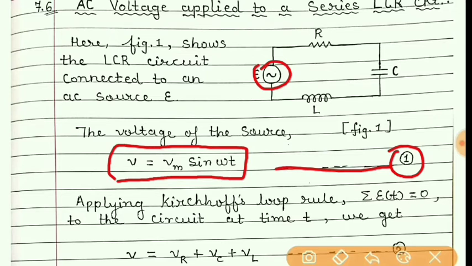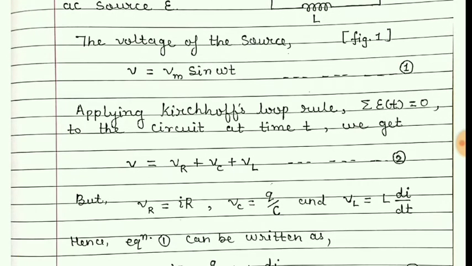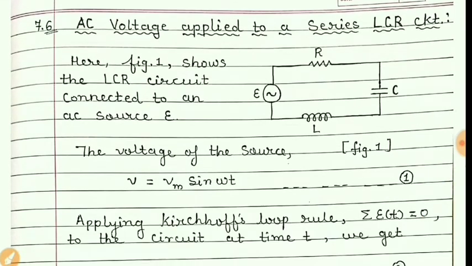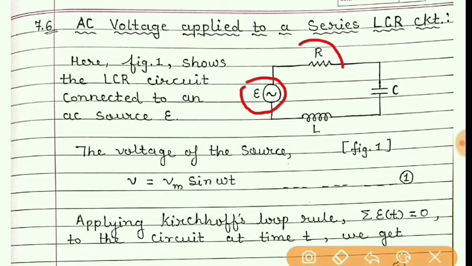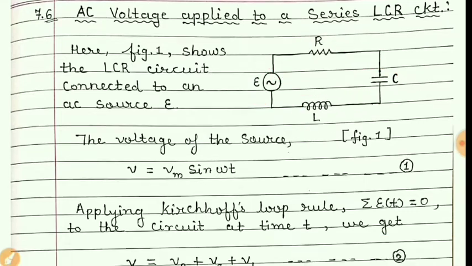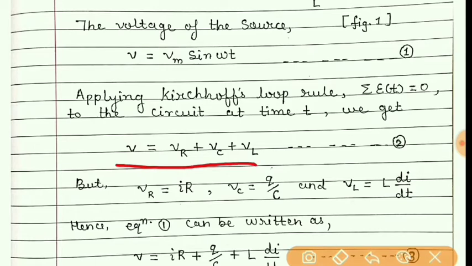Now applying Kirchhoff's rule to this circuit, we get V, which is the source voltage, is equal to voltage across resistor plus voltage across capacitor plus voltage across inductor, because whatever voltage is supplied by the source gets distributed across the components which are connected in series, and so the total voltage of these three components R, C and L is equal to the voltage of the source, and that's why I have written this equation first.